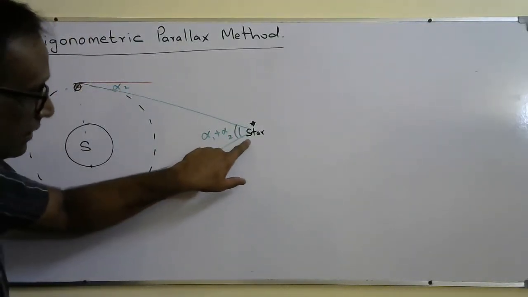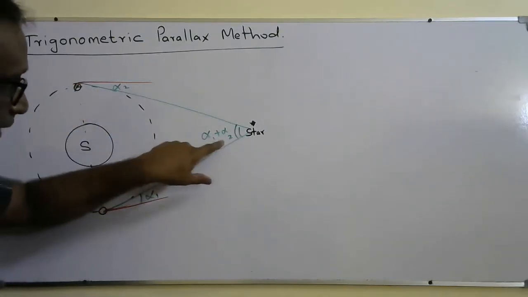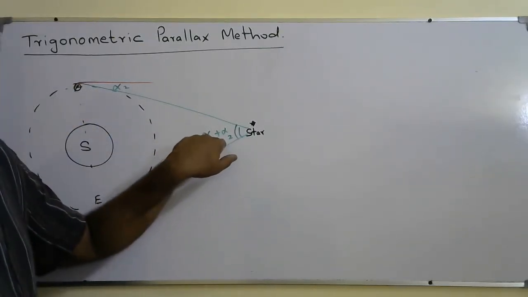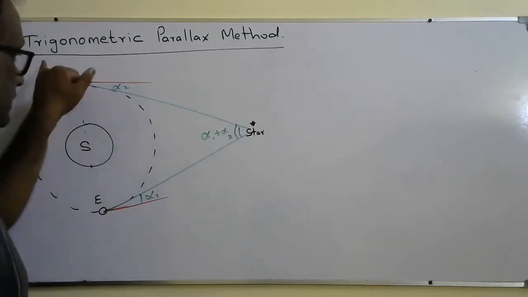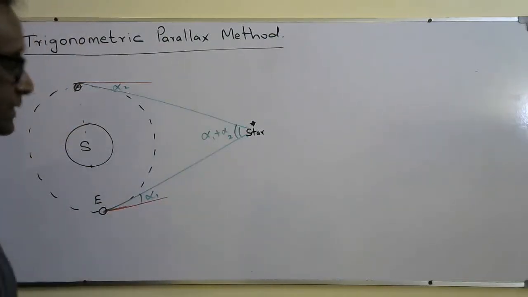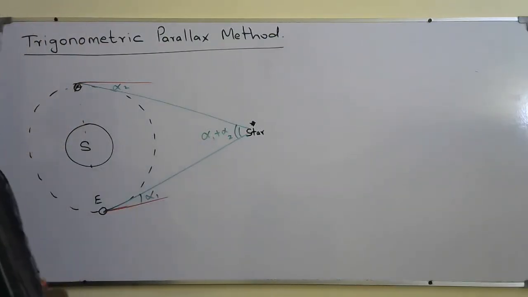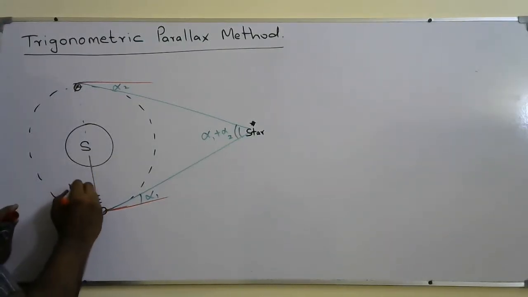This angle, Earth-star-Earth during 6 months, is called the arc difference or angular displacement of the star. I know this distance: it is 1 astronomical unit, 1 AU.